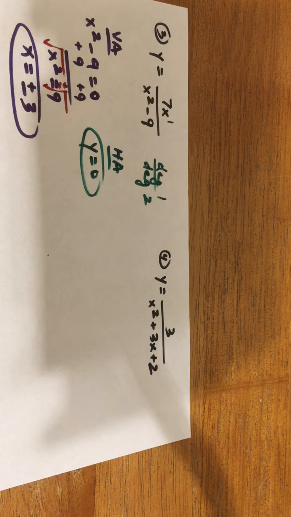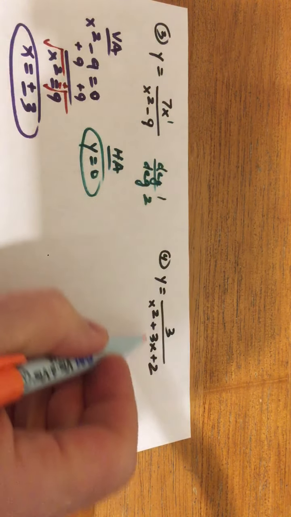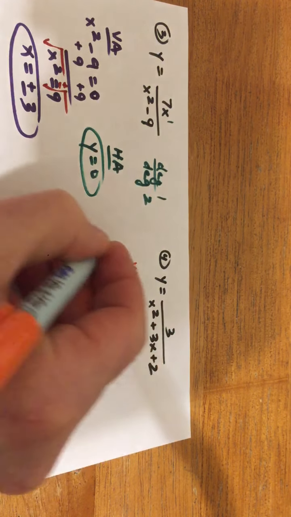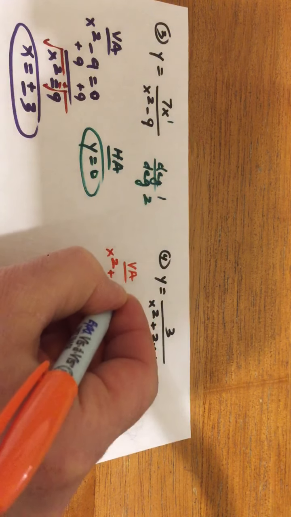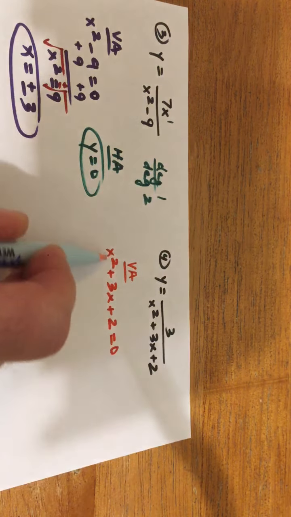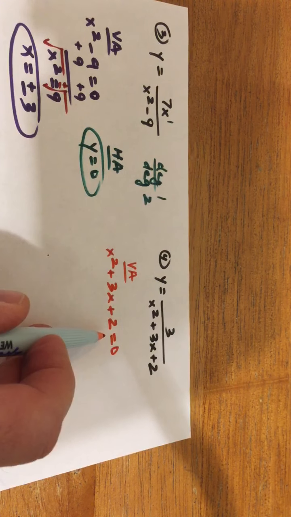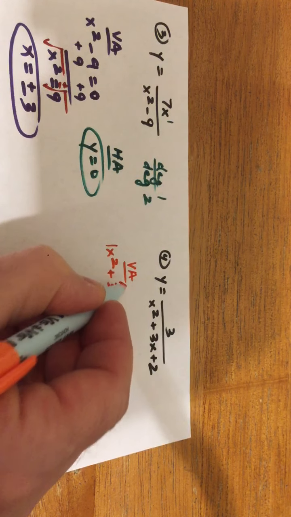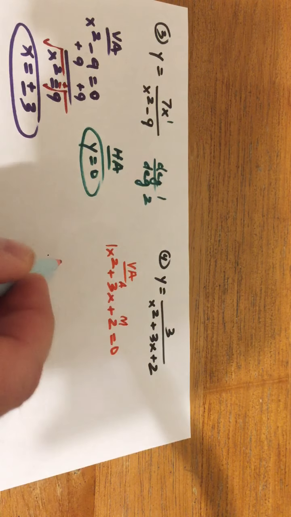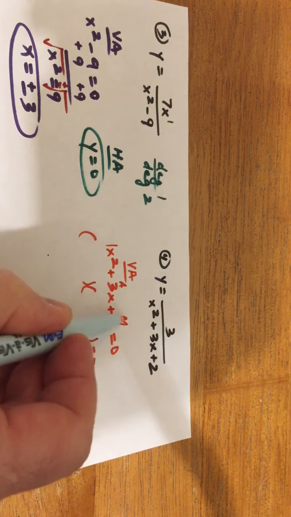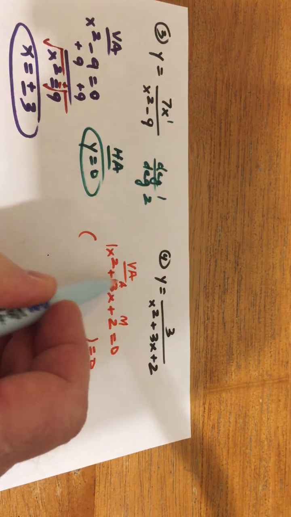All right, let's go ahead and take a quick look at problem number 4 and see how that turned out. Vertical asymptote, we're going to take our denominator, set it equal to 0. And here we have a quadratic trinomial, so we're going to need to just factor this out. Leading coefficient is 1, so we can use the add multiply method. What are numbers that multiply to 2 but add to 3?